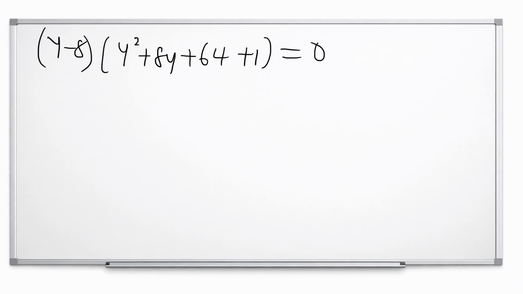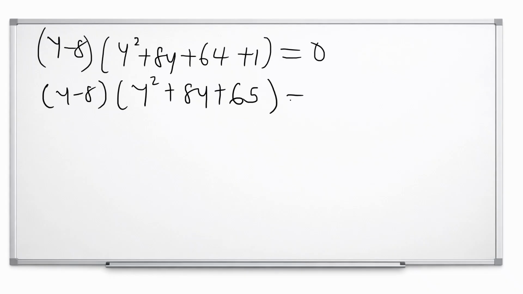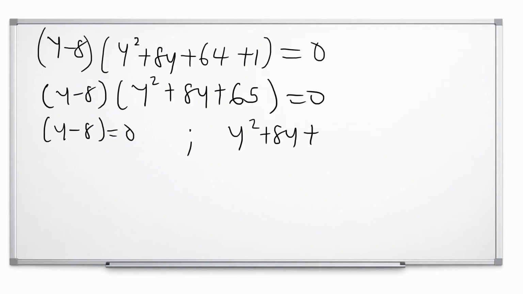Now we have (y - 8)(y^2 + 8y + 65) = 0. Now we can solve quadratically. And how can we solve this? Here we have y - 8 = 0, and y^2 + 8y + 65 = 0.